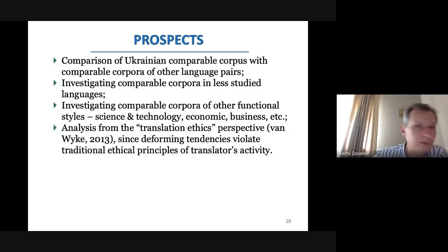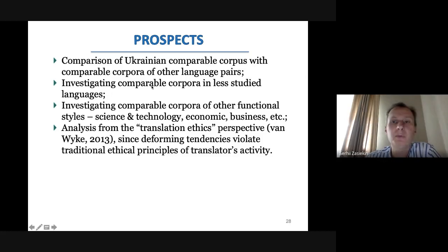So among the prospects of further research are comparison of the Ukrainian comparable corpus with comparable corpora of other language pairs. For example, Spanish, English, or Spanish, German, or Portuguese, German, or Portuguese, English, or Portuguese, Ukrainian, actually.